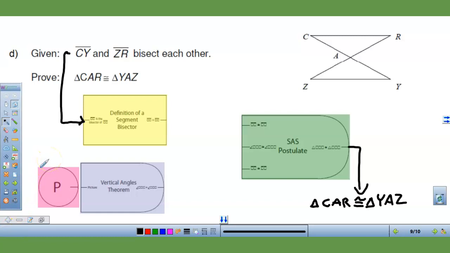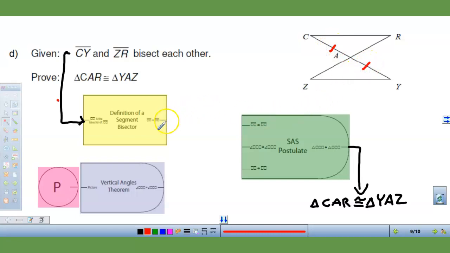So you probably noticed that you need to apply one small detail here when you're using this definition of segment bisectors. So this is clear. It says these segments bisect each other, right? So that means since this segment is bisecting this segment, these two are congruent.